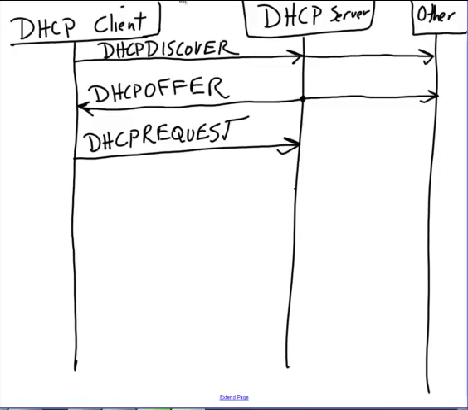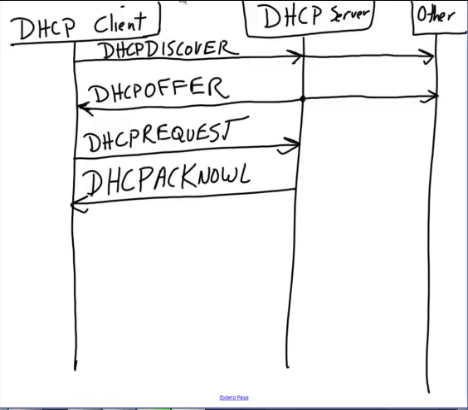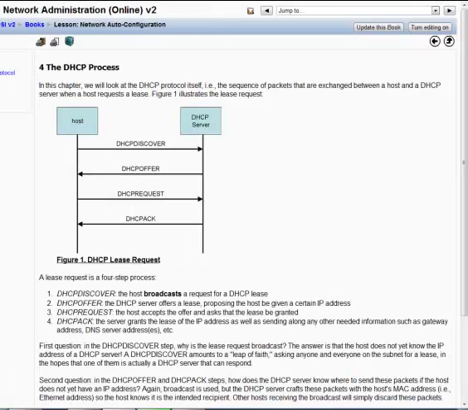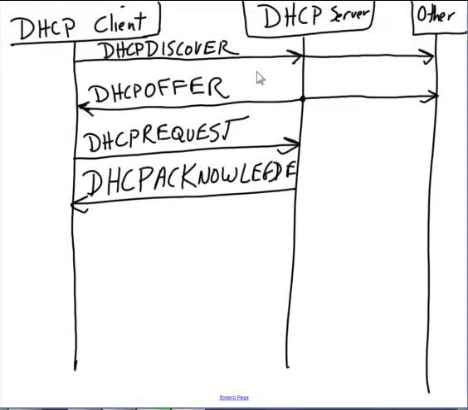If the DHCP server still wants to do that, it's going to finish with a DHCP acknowledge. They call it a DHCP ACK in the literature.